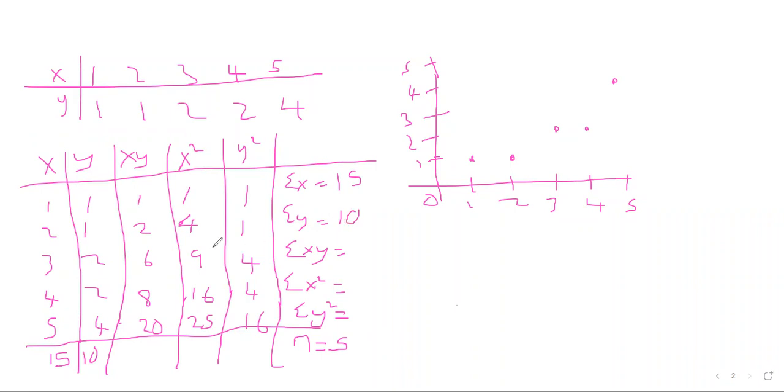What's summation of xy? 20, 30, 37. So put your 37 here. What is summation of x squared? 25, 25, 55. You put your 55 here. What is the summation of y squared? 20, 26. You put it there.